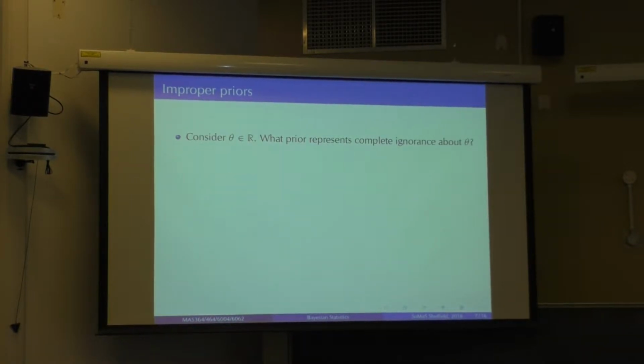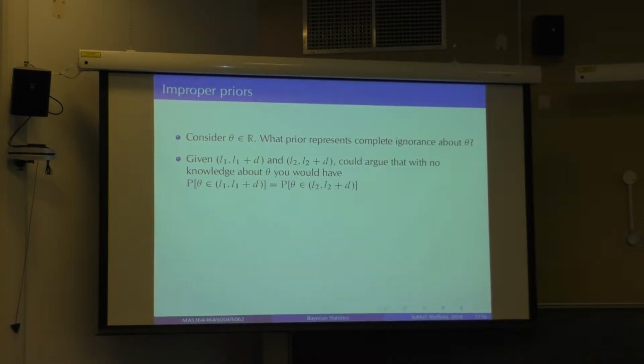So we can think about ways of characterizing being non-informative. If you don't have information about theta, a parameter that lives in the real line, what can you say about the probability of this parameter being in two regions of the same length?